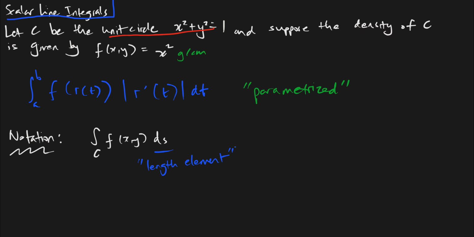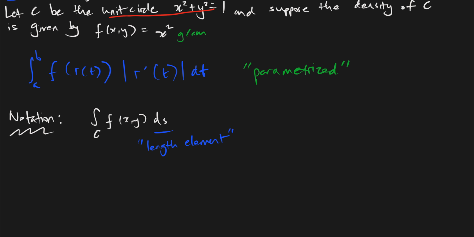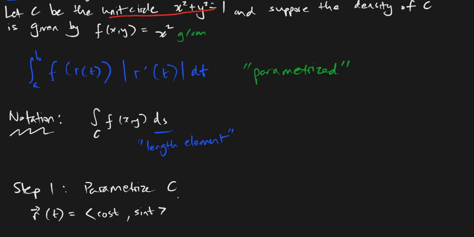Okay, so let's go ahead and compute this example. First, we are going to parameterize the curve C. So we have r of t equals cos t, sine t.